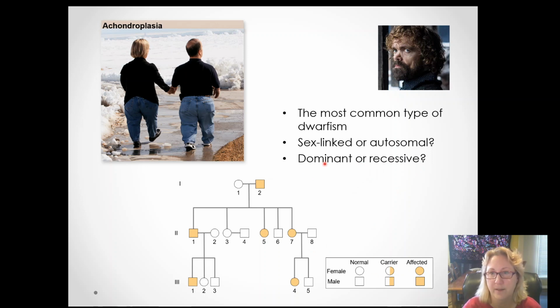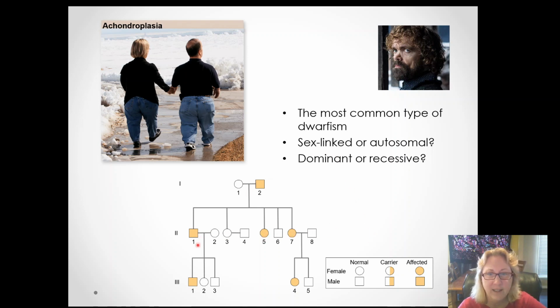So this is dominant. Now, is this a sex-linked trait or an autosomal trait? Sex-linked traits, generally, means things that are on the X chromosome, although we can also have sex-linked mutations that are on the Y chromosome. Either way, we would see affected individuals would more likely be boys, or more severely affected individuals would be boys if it's a sex-linked dominant trait.